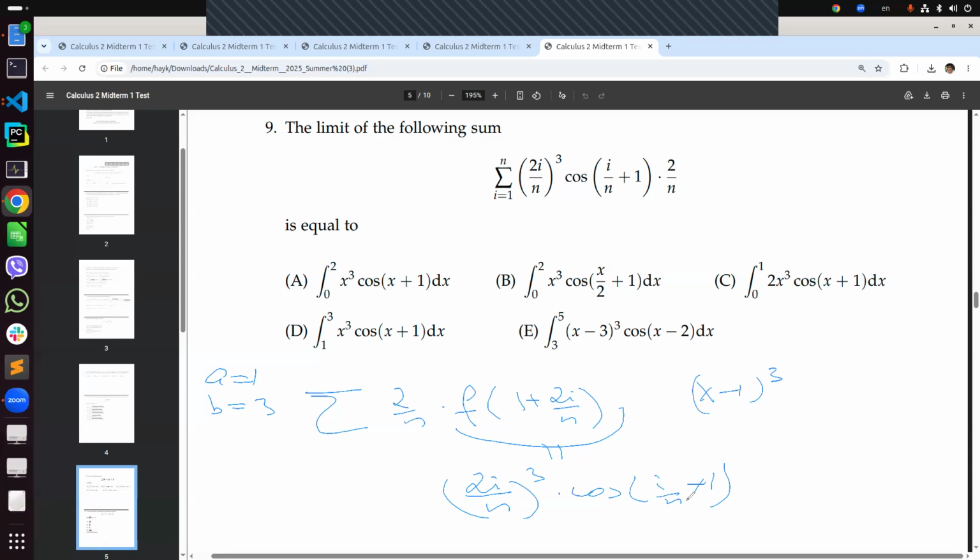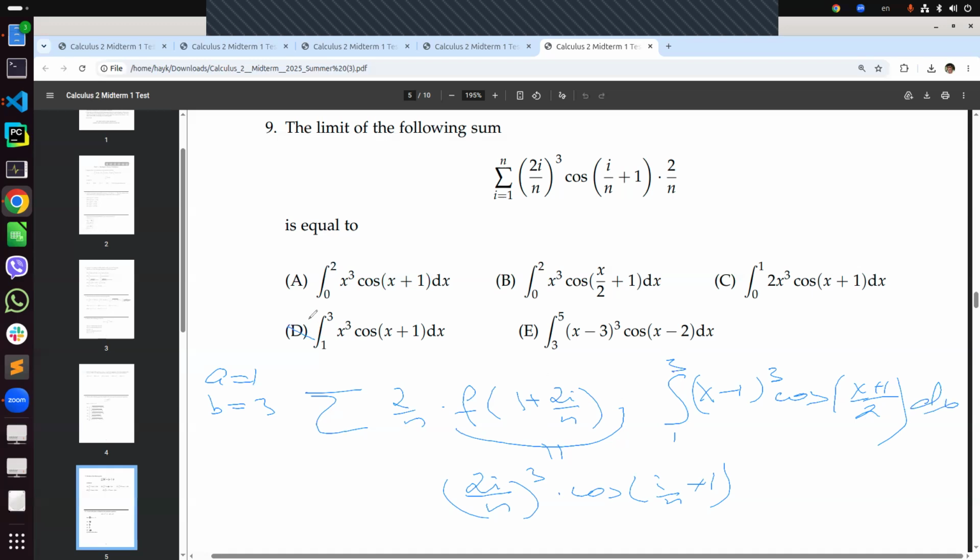And what is inside of the cosine? Inside of the cosine we have i over n plus 1, but 1 plus 2i over n is our x. If this is x, we have x over 2, x plus 1 over 2. Then the correct answer would also be the integral from 1 to 3 of x minus 1 cubed cosine of x plus 1 over 2 dx.